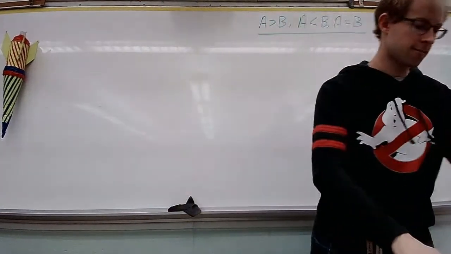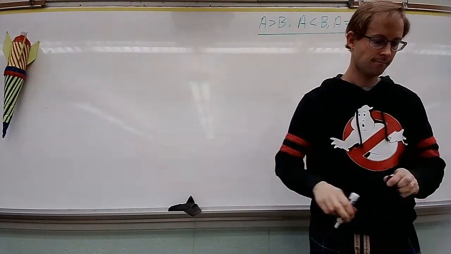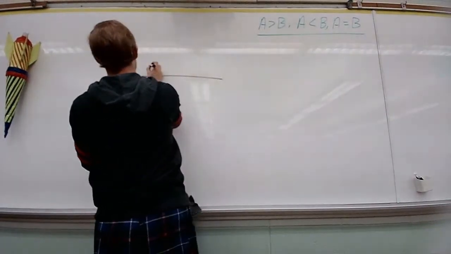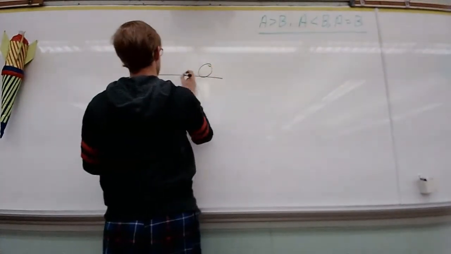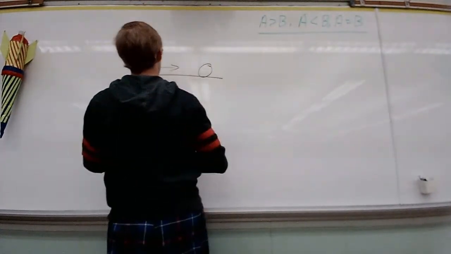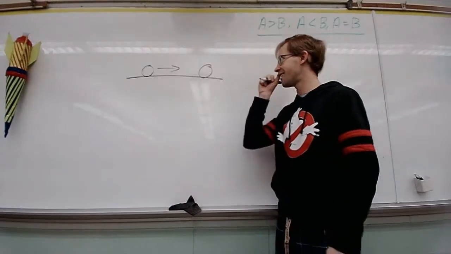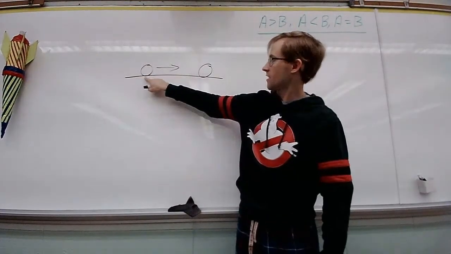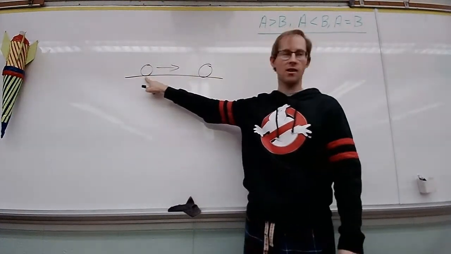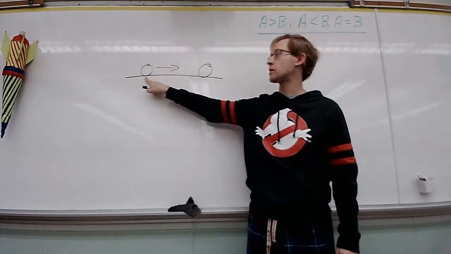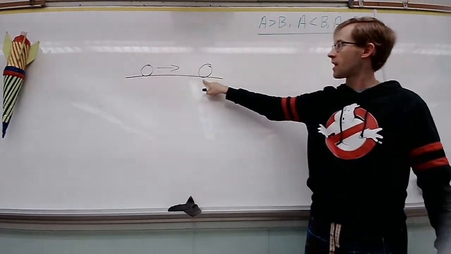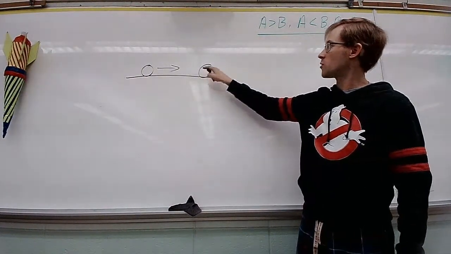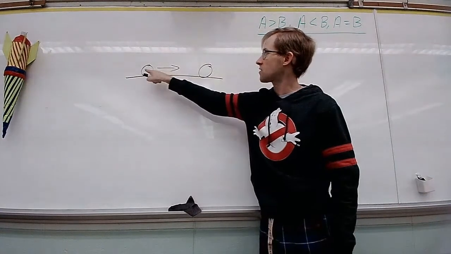How about this? These objects have the same mass. This one is coming in with a momentum of 1 kilogram meter per second. After colliding with this mass, which is the same mass, this one moves off to the right, and this one stops.